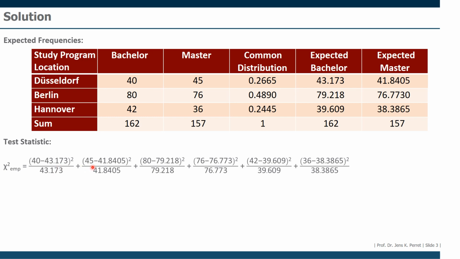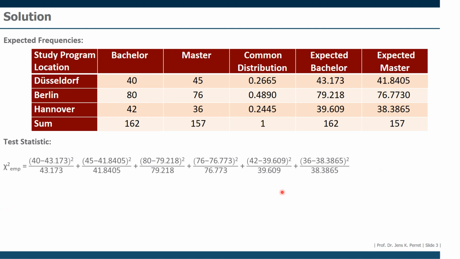And that's something we're going to do for each of our 6 different entries. Here, I just wrote this down in one line. You could, to keep a better overview, also add 2 additional columns, like chi-squared bachelor, chi-squared masters, and then do the calculation for each entry by itself.